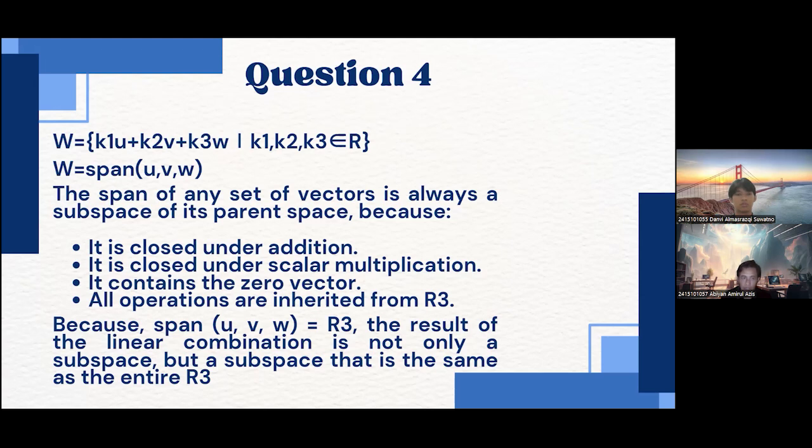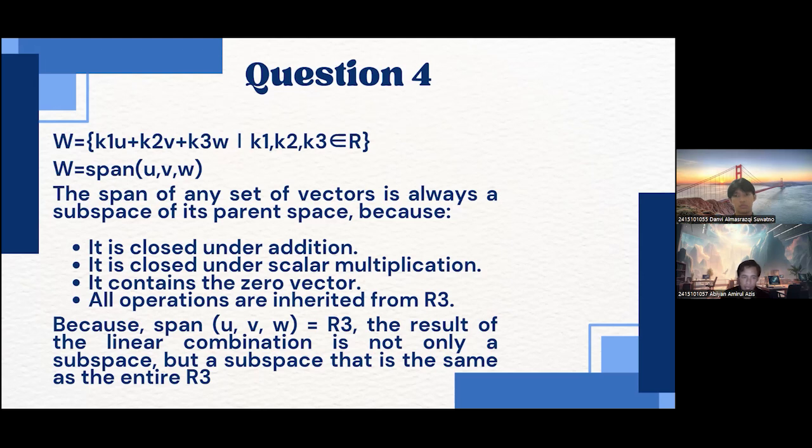So W is equal to k1 until k3, the linear combination set with elements of R. By definition, W is equal to the span of U, V, and W. The span of any set of vectors is always a subspace of its parent space.